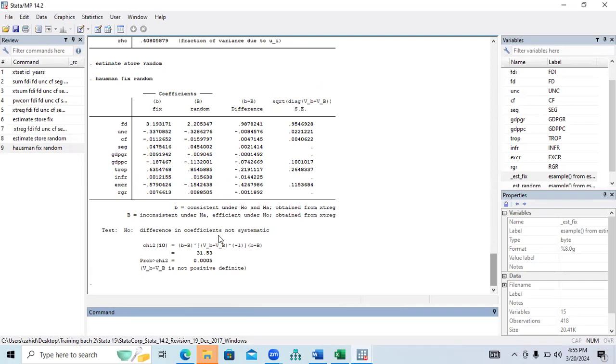So it will indicate the results like this. If you see the p-value, it is less than 5%. So if this value is less than 5%, it means that your fixed effect model is significant here. It means you can use the fixed effect model here.